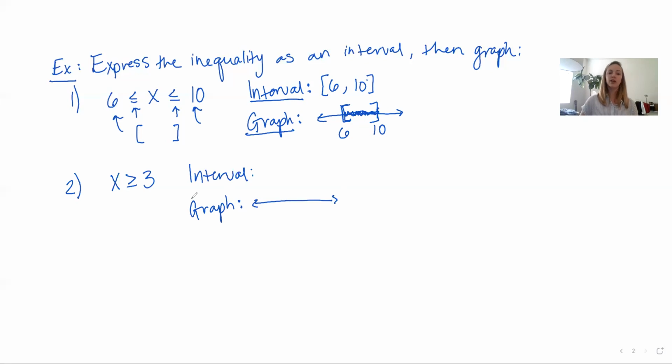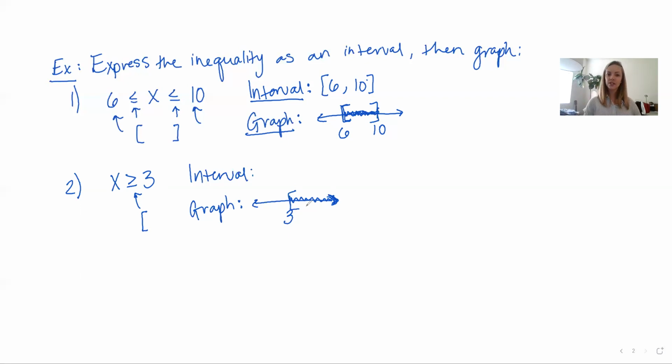So this inequality is saying we want all numbers that are bigger than or equal to 3. So I'm going to put 3 in the middle, and then all numbers that are bigger than 3 are to the right of 3. Since we can actually equal 3, it's greater than or equal to, we're going to use a bracket facing the direction that we shaded, so facing to the right.